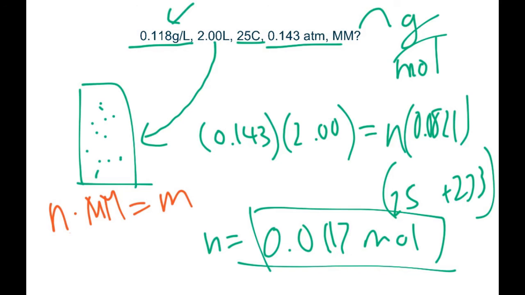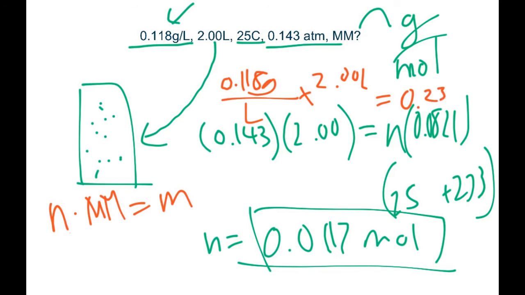Don't you think that if we multiply the density times the volume, we will get the mass? Let's try that: 0.118 grams per liter times 2.00 liters, and we will get 0.236 grams of gas.